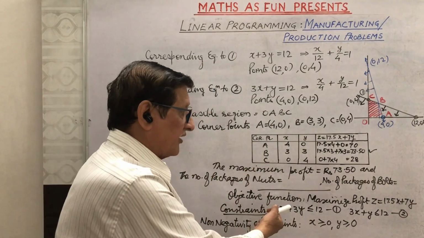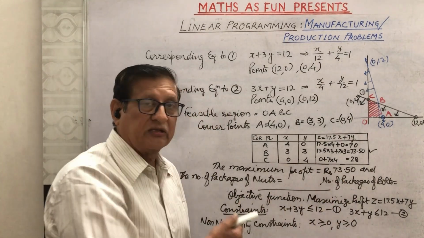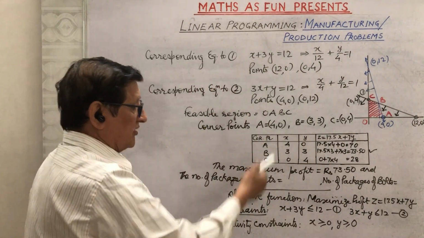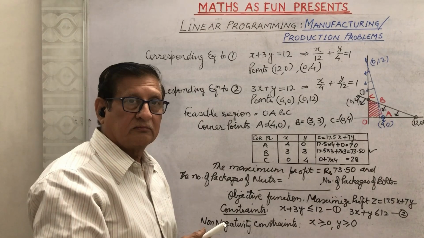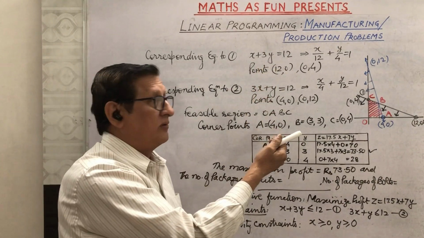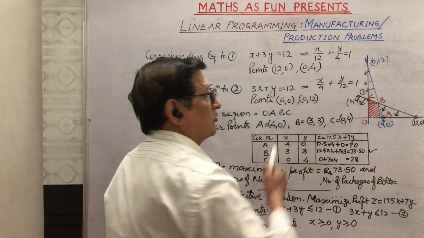For drawing the graph, what do we have to do? For inequalities 1 and 2, we find the corresponding equations. The corresponding equation to 1 is x plus 3y equal to 12. If we divide by 12 to convert into intercept form, this is x upon 12 plus y upon 4 equal to 1.